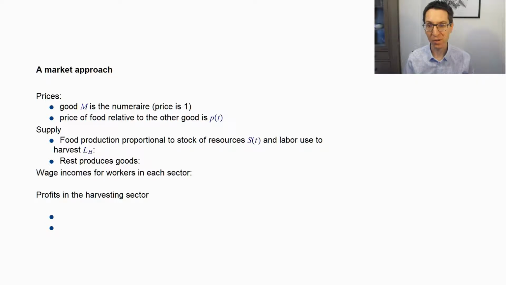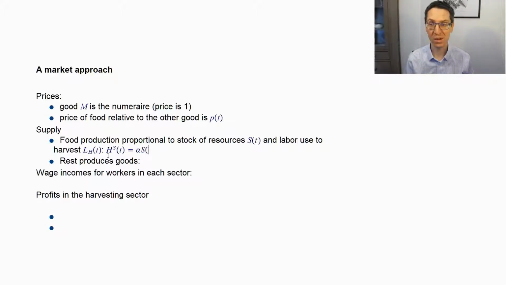As before, food production is proportional to the stock of resources, S_t, and the labor used to harvest, L_H. We write the supply of harvest as H^S_t, which equals alpha S_t L_H,t.